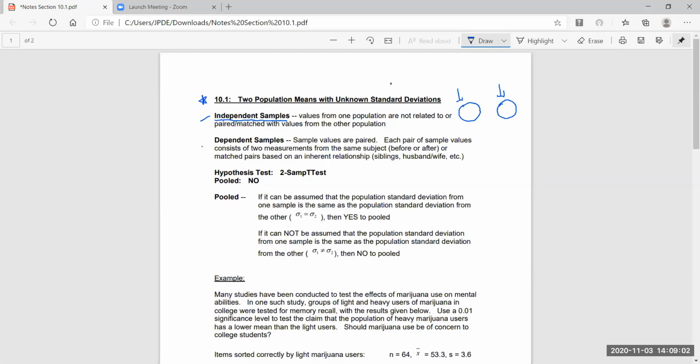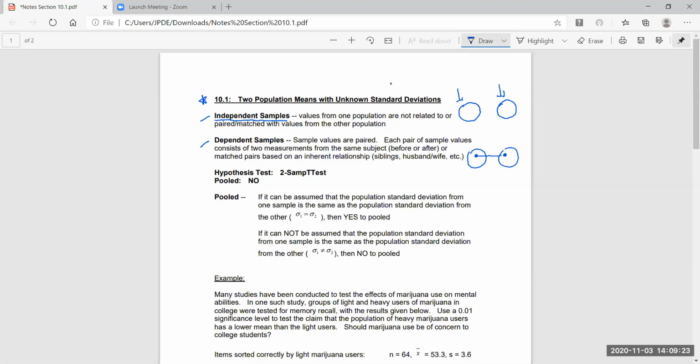In dependent samples, the sample values are going to be connected. So you might have one sample here and one sample here, and maybe you study somebody before they received a medication, and then you study them after they received a medication.